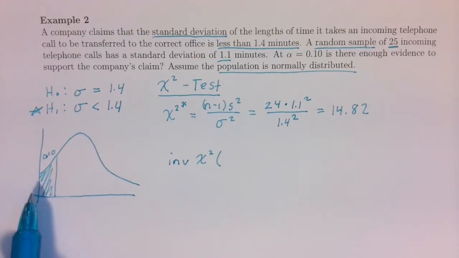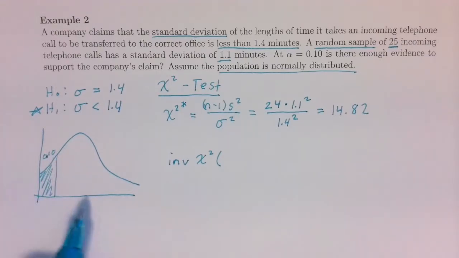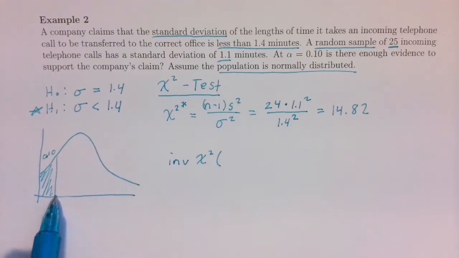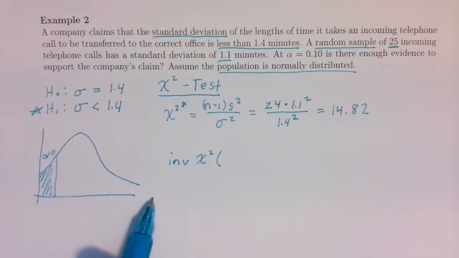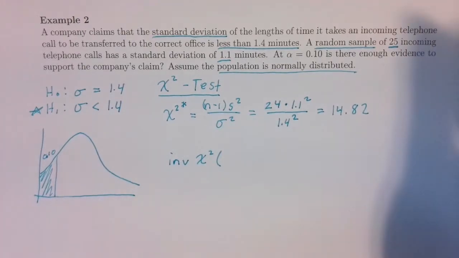So if you have a TI calculator, because the area is to the left, you would put 0.10 in. If you have a Casio calculator, the area to the right is 1 minus that, because we want the remaining area. So that would be 1 minus 0.10, which is 0.90.